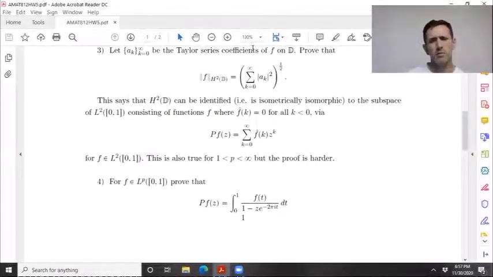Okay, and number 4 is similar in that most people did this right, but you really should have justified interchanging the sum and the integral. So for number 4, what do I mean by that? Well, remember how to do number 4.